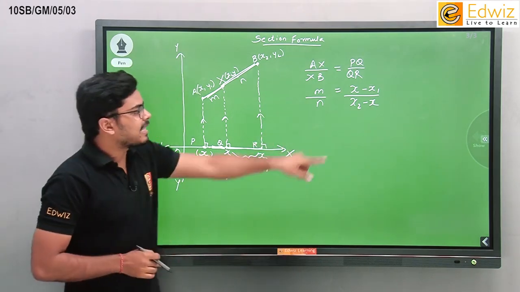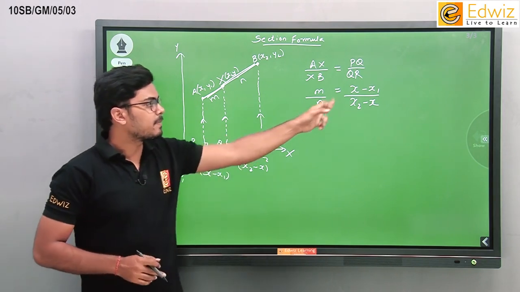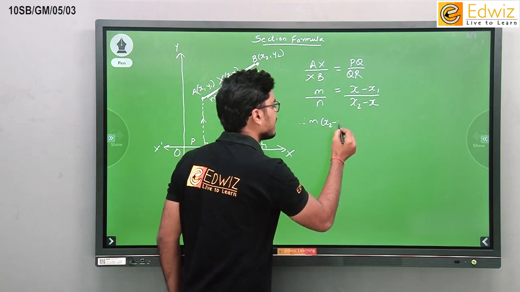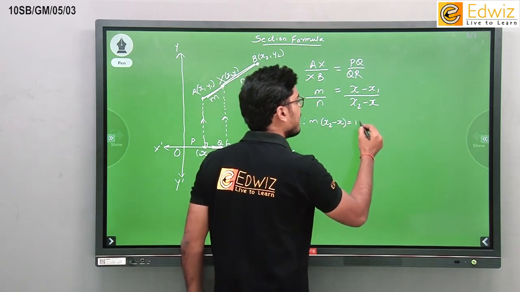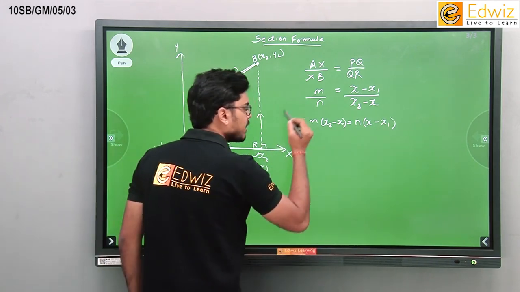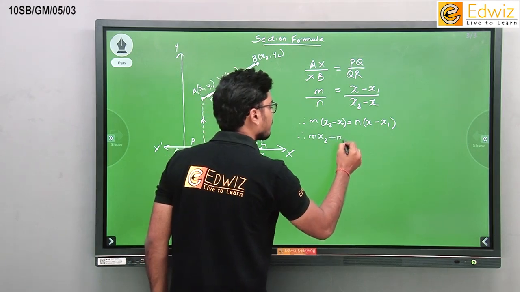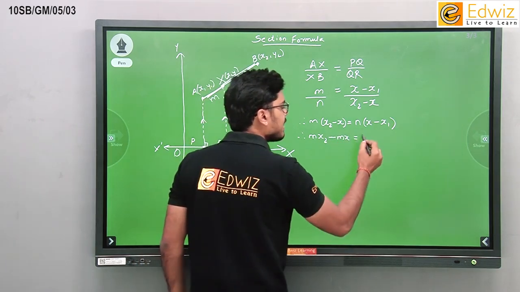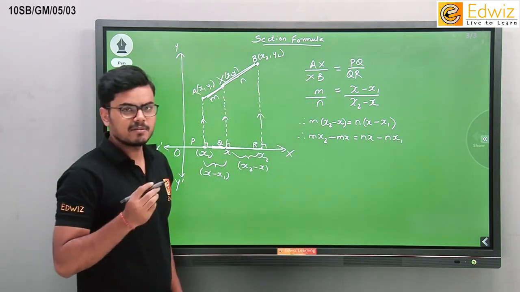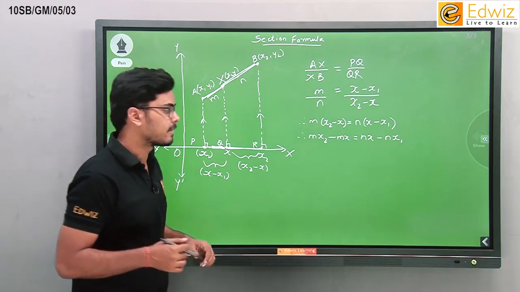So we have to find the value of this x. That is why we are using this formula. Okay? If we cross multiply here, what we will get is m into x2 minus x equal to n into x minus x1. Correct? Open the brackets. mx2 minus mx equal to nx minus nx1. Now, since we need to find the value of x, what will we do? We will take like terms to one side.